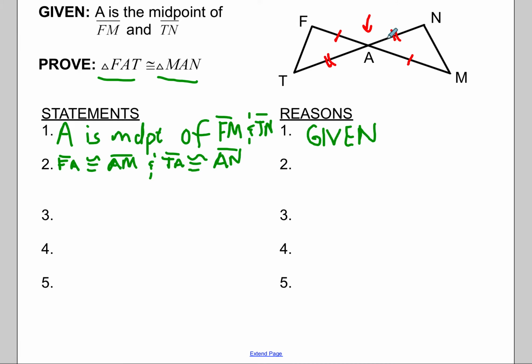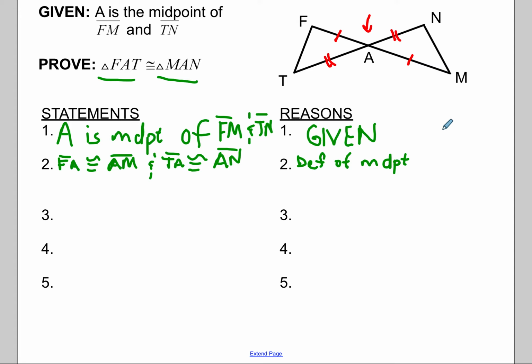Well, we knew that this was true by the definition of what midpoint is. So our reason would just be definition of midpoint.